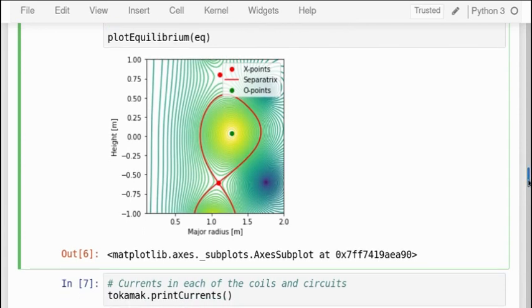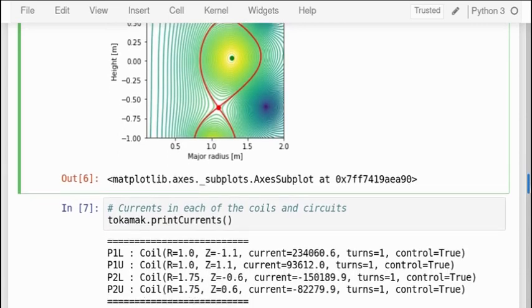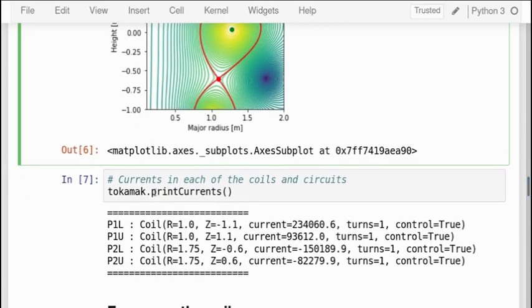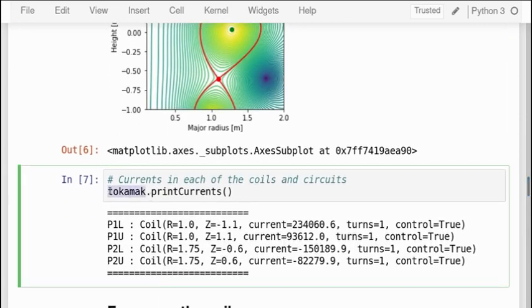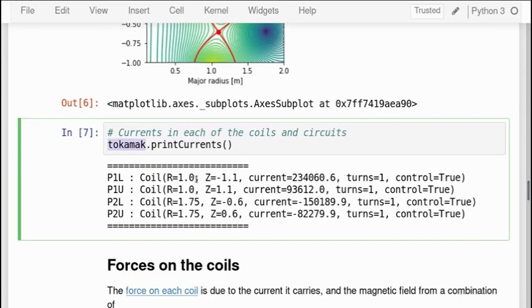Okay, there's other diagnostics we can look at. So you can print the currents in the coils, for example, by looking at the machine, so the tokamak object. So this contains the set of coils we created. So we specified the R and Z locations. The control system has calculated the currents. We didn't specify the number of turns in the coil, so typically each coil will be made up of many turns. In general, we could specify how many turns you want in the coil.